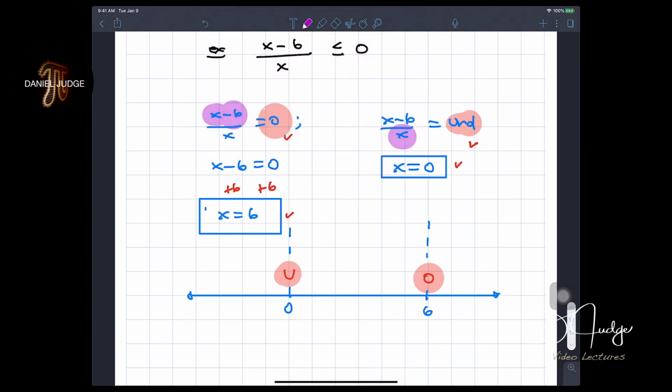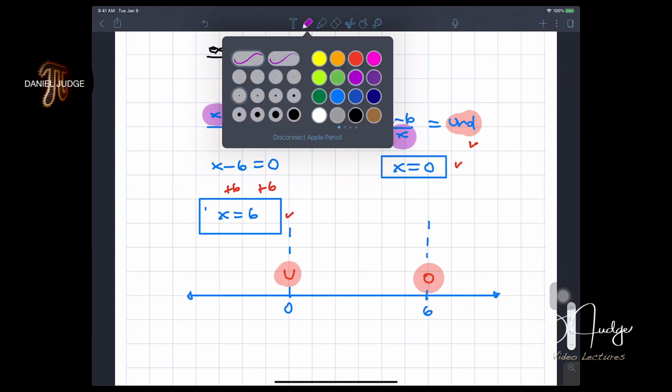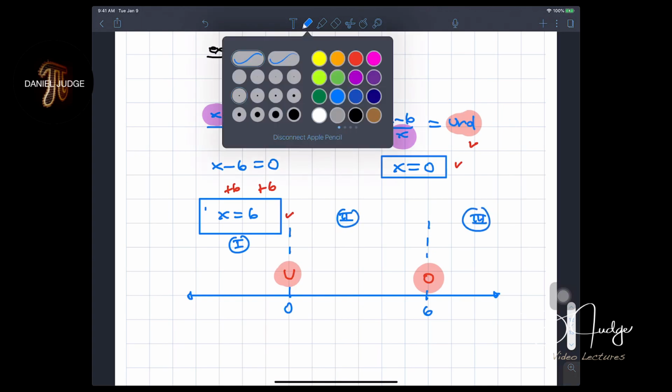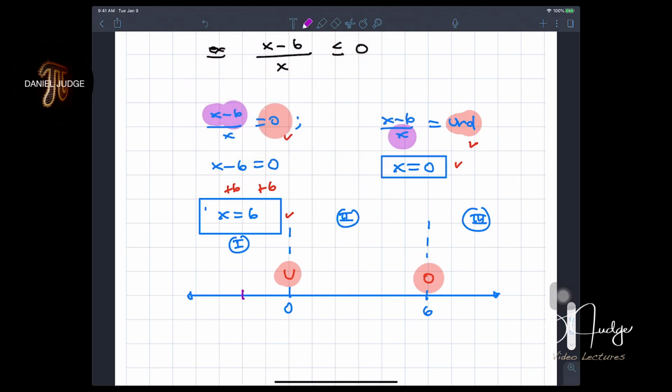I now have test points because I have to test every region. I have region 1, 2, and 3. Test -2. Maybe +2, that's clearly in region 2. And then maybe I'm going to say, I don't know, 7, that's clearly in region 3.